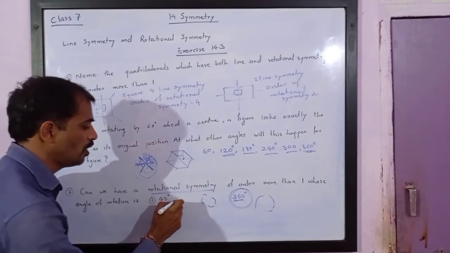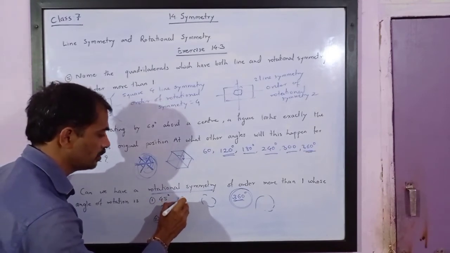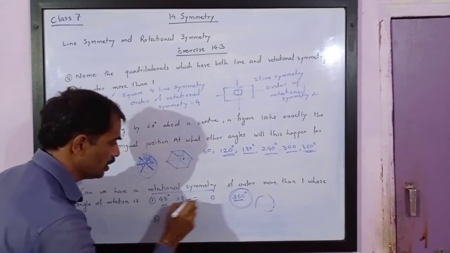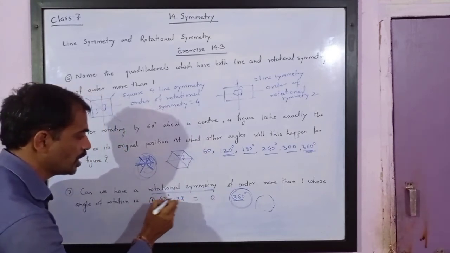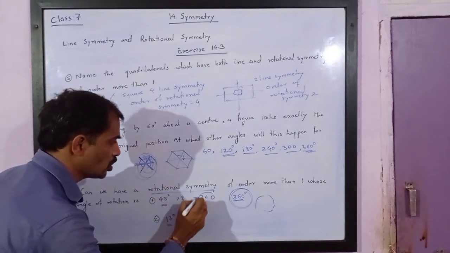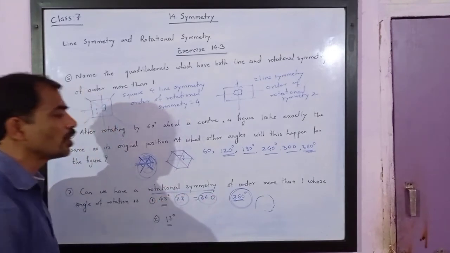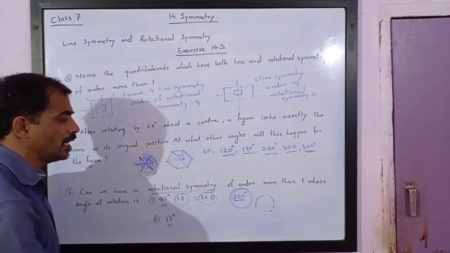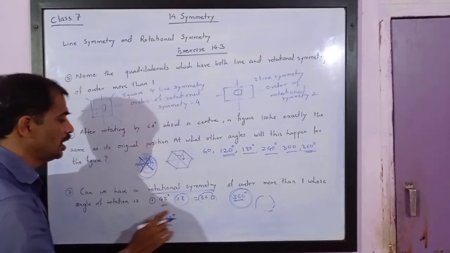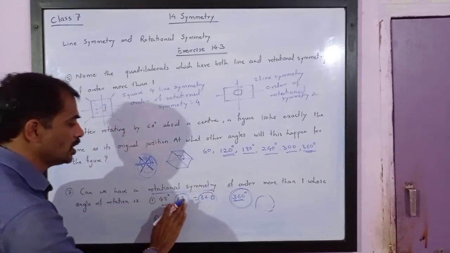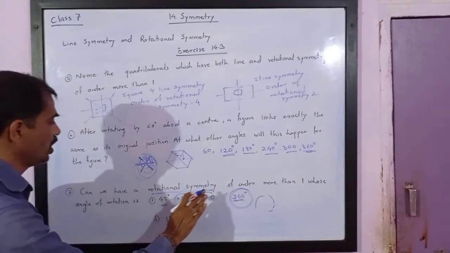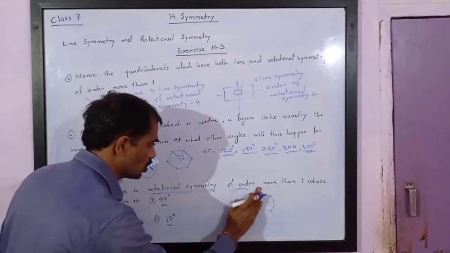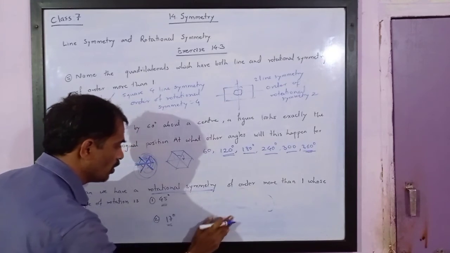So 45 into 8: 8 fives are 40, and 8 fours are 32, plus 4 is 360. So it does have 8 times rotational symmetry. The order of rotational symmetry is 8 and we do get 360, which means we can have a rotational symmetry of order more than 1 if the angle of rotation is 45 degrees. So it is possible with 45 degrees.